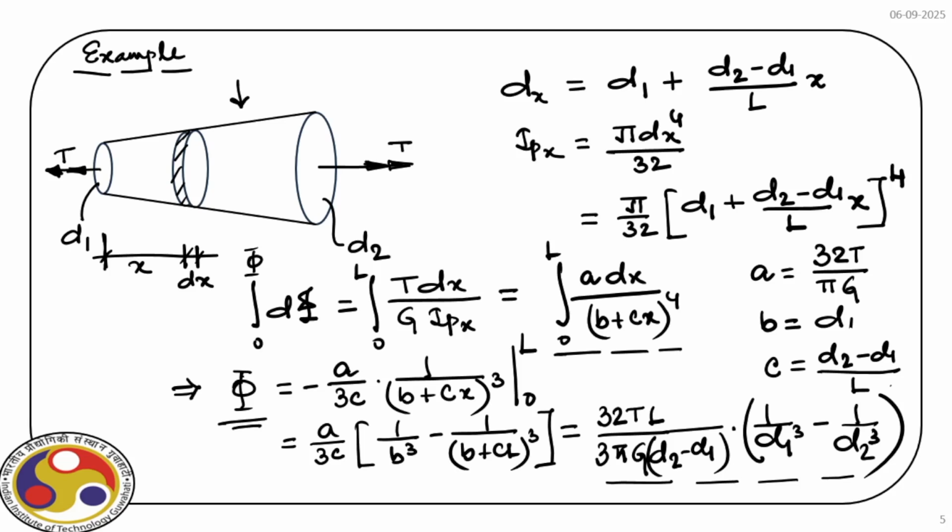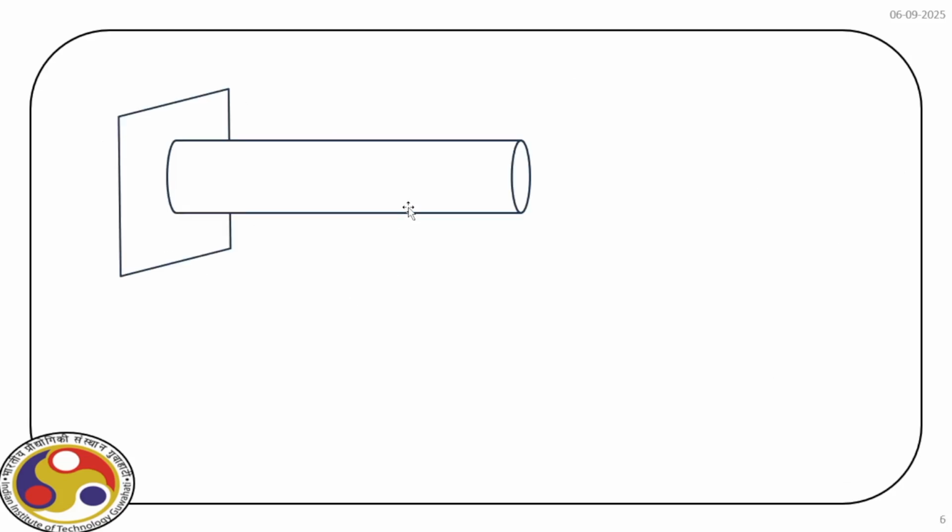Okay, so now let us take a different example. In this example, we have a fixed end. Then at 2 points, over the longitudinal axis of this shaft, we apply torque.